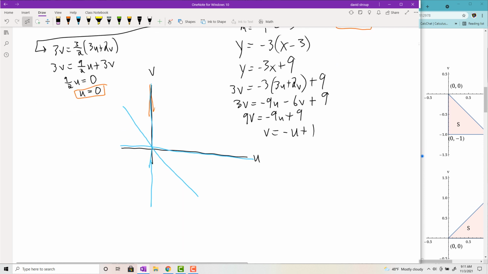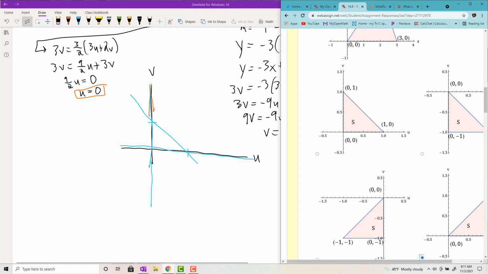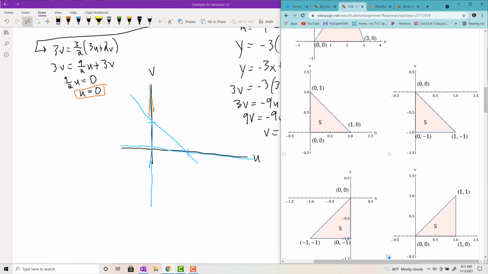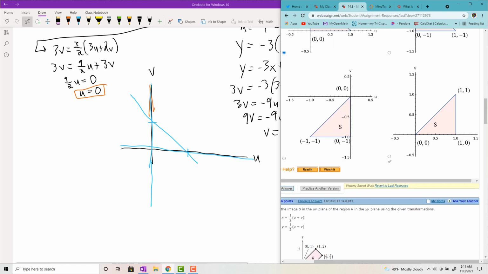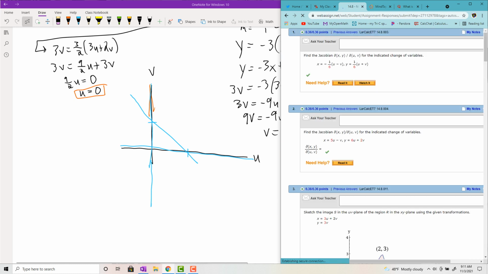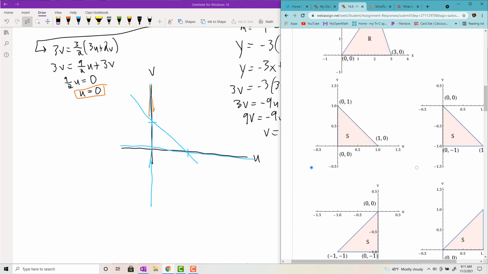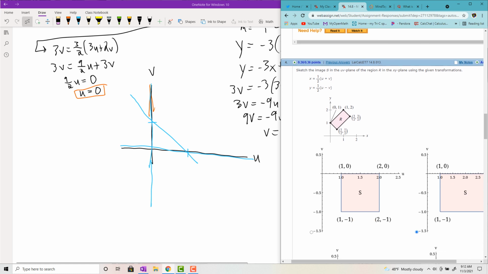So that's right. That's basically y-intercept, or in this case v-intercept at 1, slope down 1 over 1, and that would be our picture then. Okay, I think that was our picture. It seems like it's this guy. I don't know. Yeah, so they're kind of tedious.